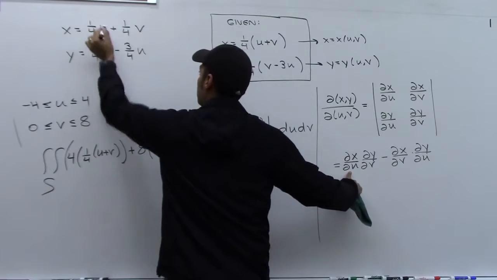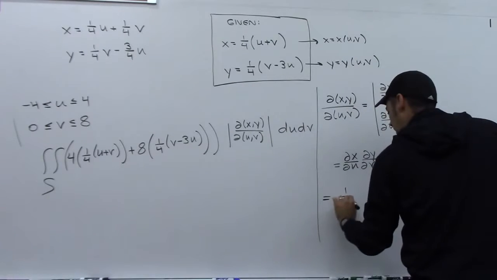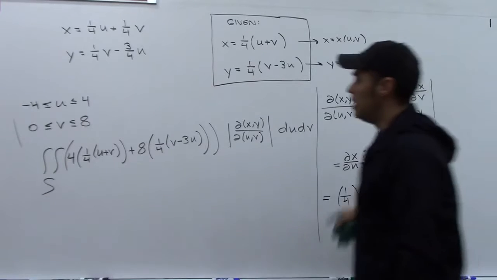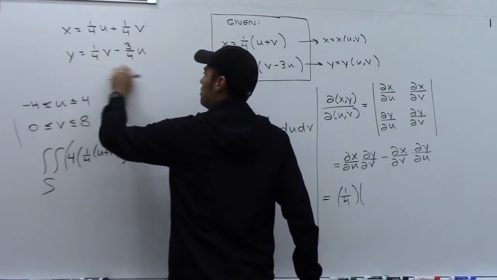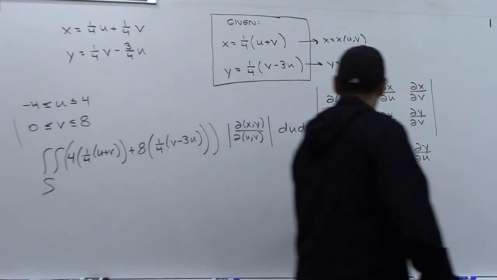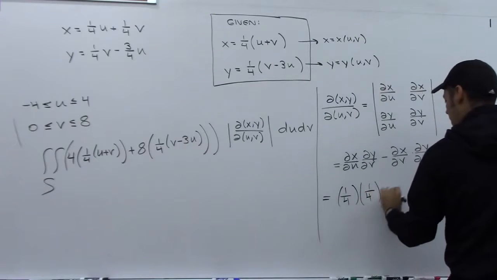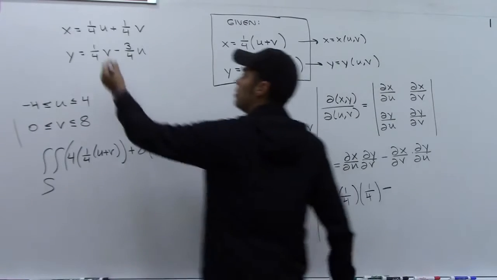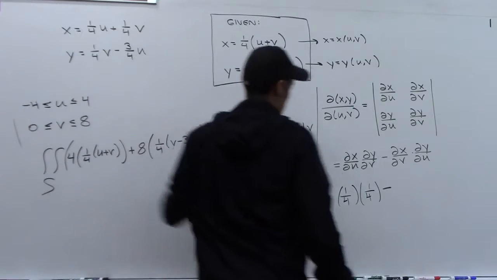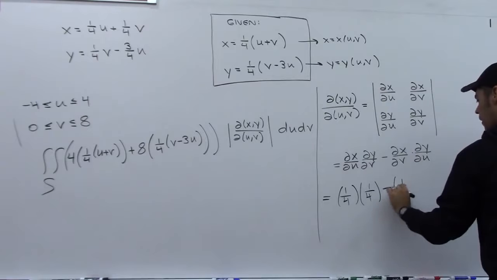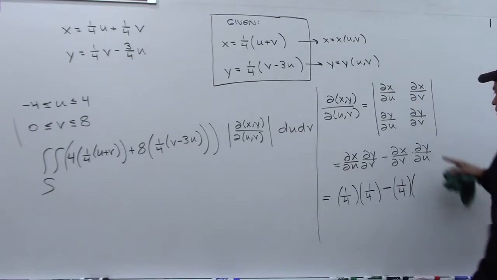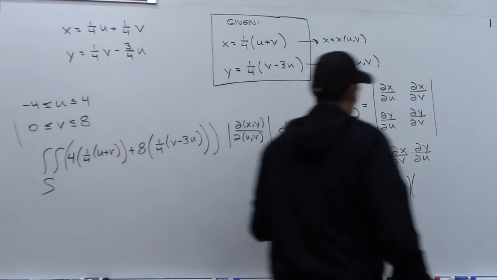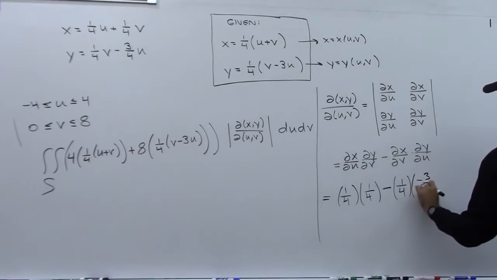Derivative of this with respect to u is 1/4. Partial of y with respect to v is partial of this with respect to v, which again is 1/4. Minus the partial of x with respect to v, which is 1/4. And then times the partial of y with respect to u, which is here, derivative of that is -3/4.